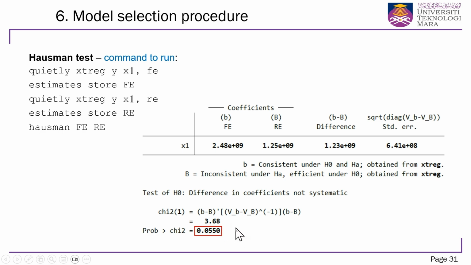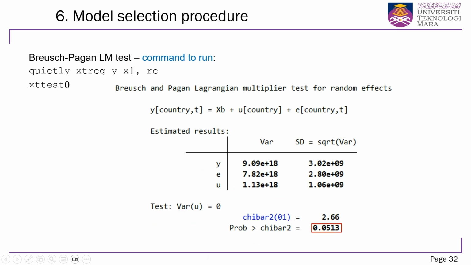So we need to further test for the unobserved heterogeneity factor. We have to run the BPLM or Breusch-Pagan LM test, which is meant for choosing between random effect and pool OLS. So this is the command quietly xtreg y x1, comma re.